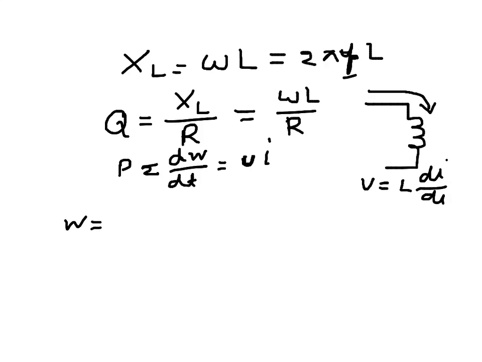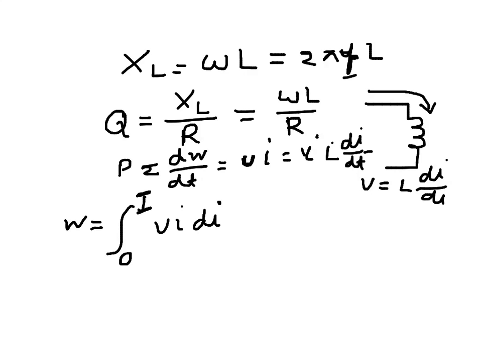If we want to find the energy stored in an inductance for the current to go from 0 to an arbitrary I ampere, we have to integrate this power to find the energy stored, from 0 to I. V is equal to L di/dt, so instead of V, I will write L di.